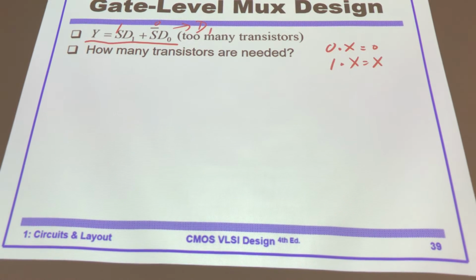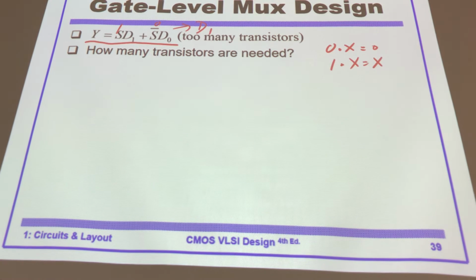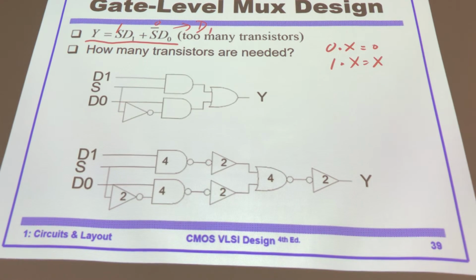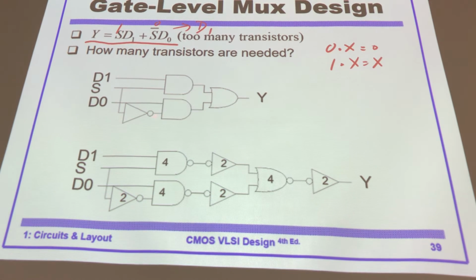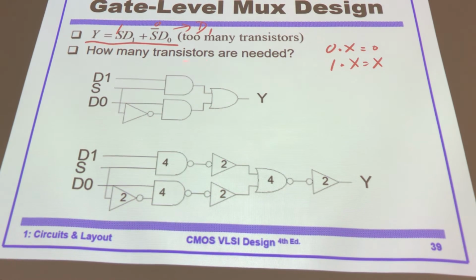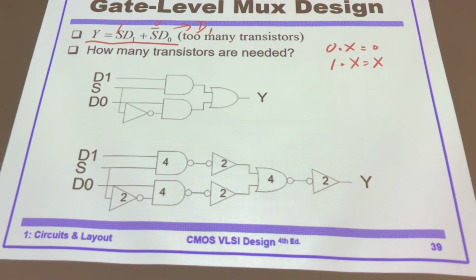So how many transistors are needed here? Well, that depends on your design. There are quite a few design alternatives. If you simply use the basic logic gates, inverter, AND gate, OR gate, then that's the circuit here, right?